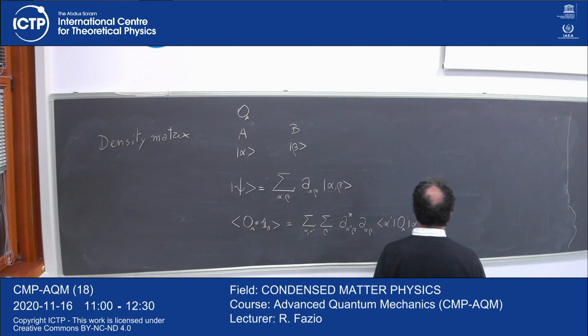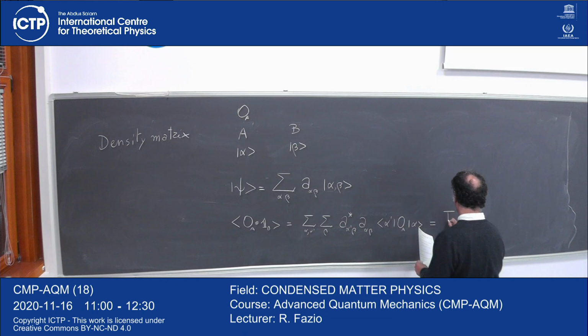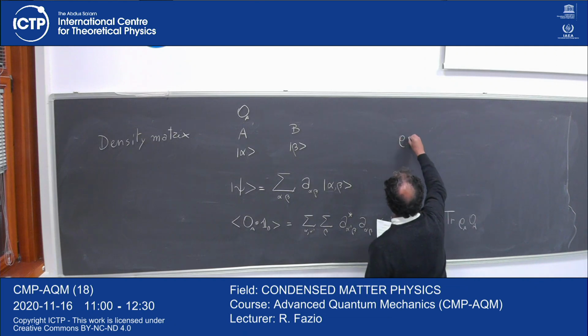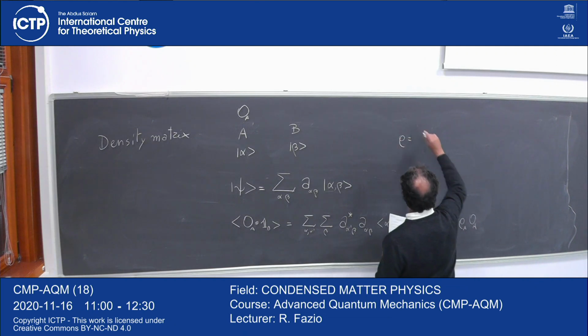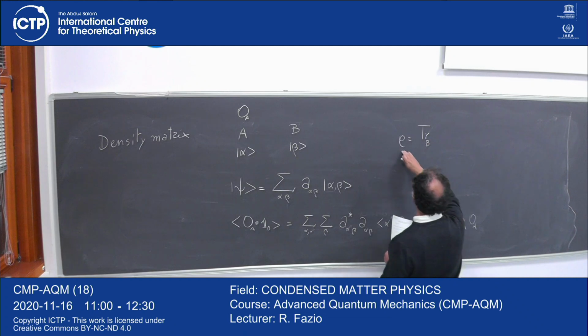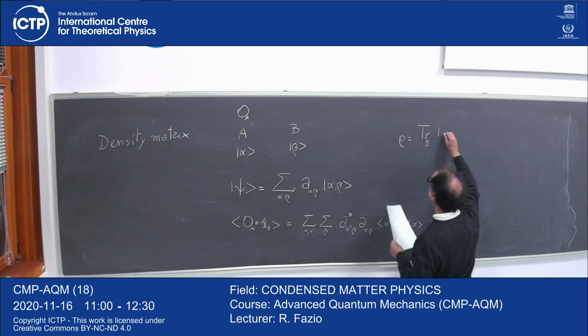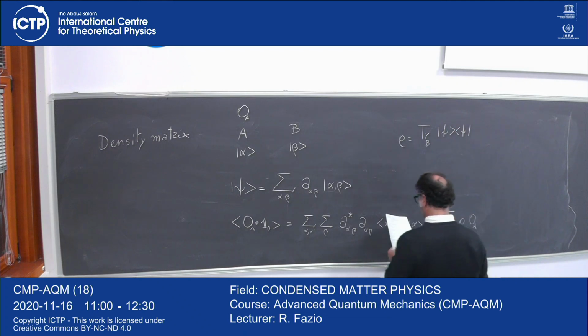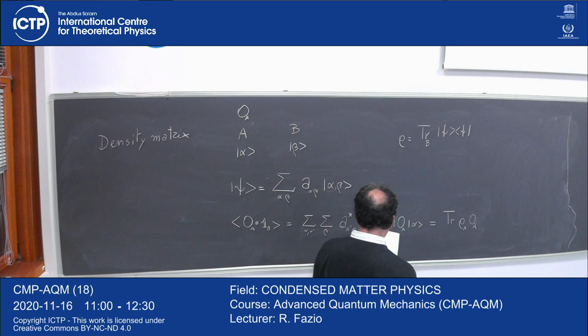This you can write down as the trace of rho A times O_A, where rho A is the trace over the subsystem B, called the reduced density matrix of the state psi. Don't worry, I will explain what I mean.